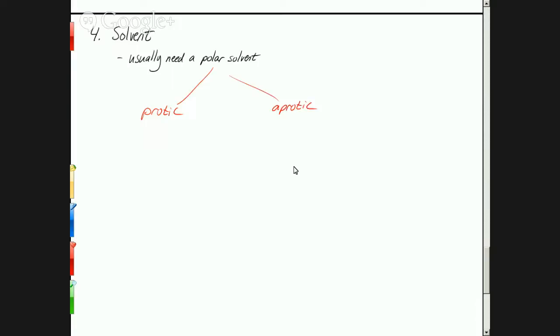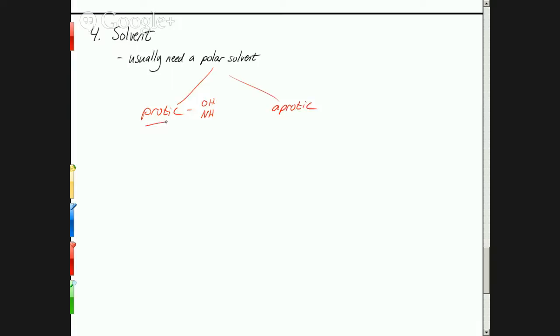Protic solvents are hydrogen bond donors. So solvents that can interact with a hydrogen bond. So usually things that have OH or NH. And aprotic are polar solvents that don't have those.